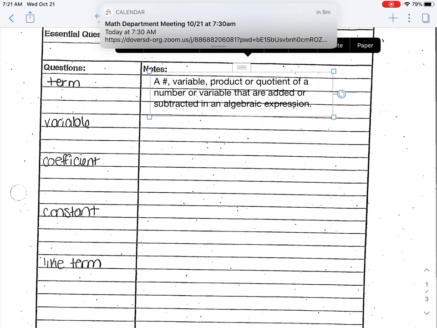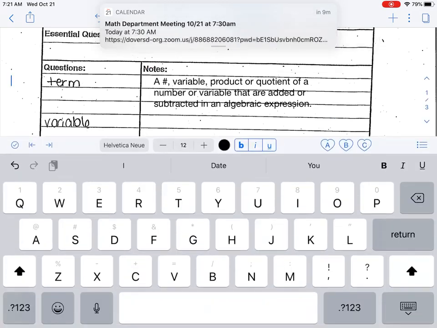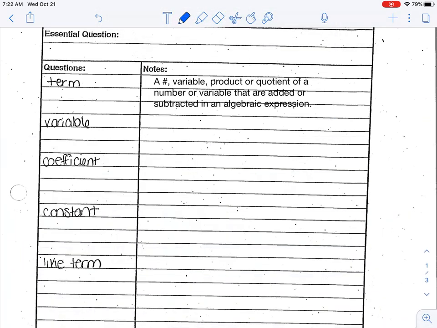Just an example of an expression would be 2x minus 4y plus 7z plus 3.